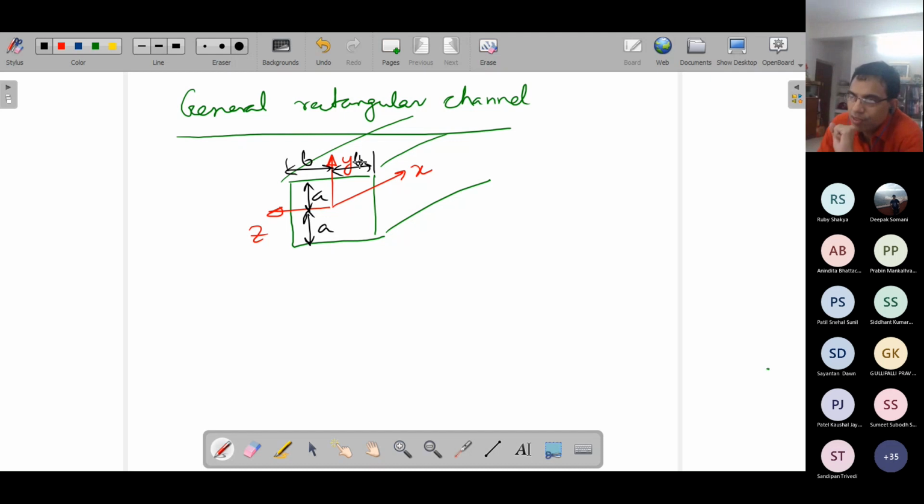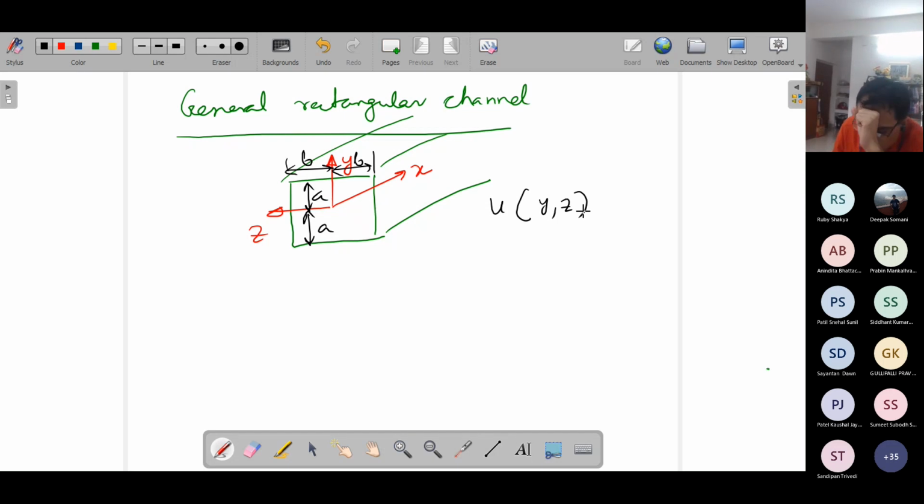B is much greater than a there, but in this case it need not necessarily be, and the channel is just a rectangular cross section. So the only difference here is that you will now have u as a function of both y and z, not just y.